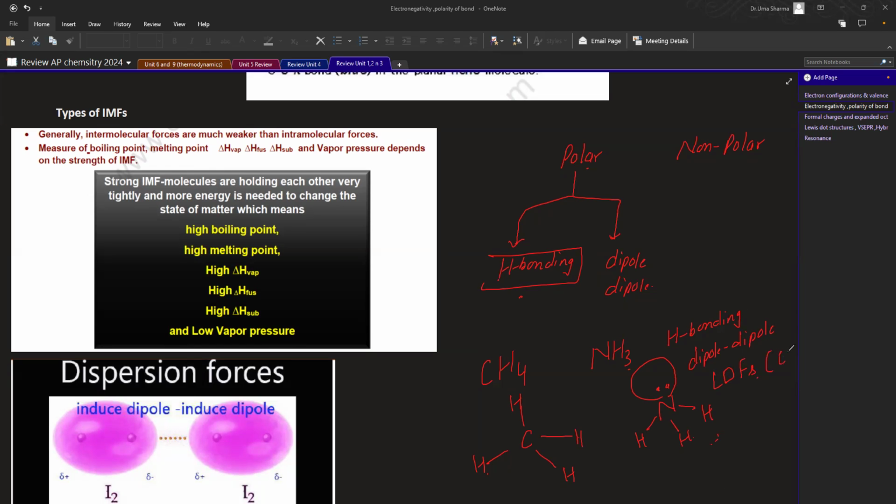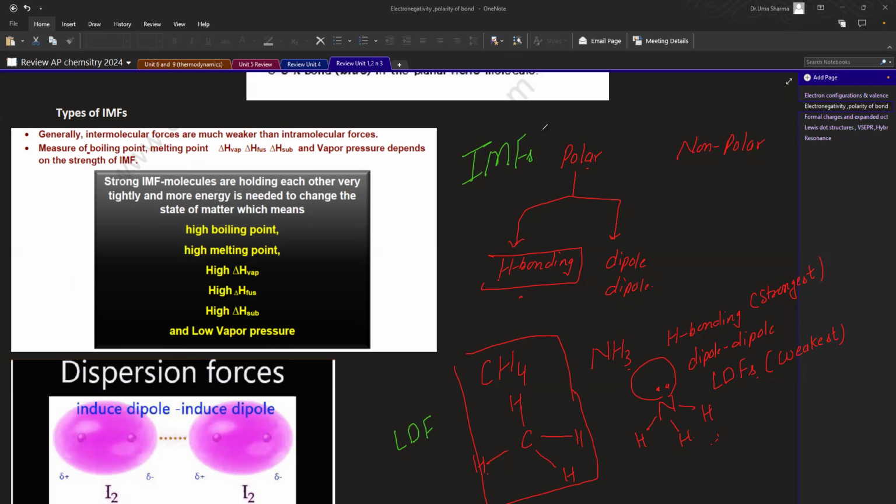These are the weakest, and this is the strongest, right? Dipole-dipole is in between. So in methane, what kind of attractive forces are there in methane? Only LDFs.